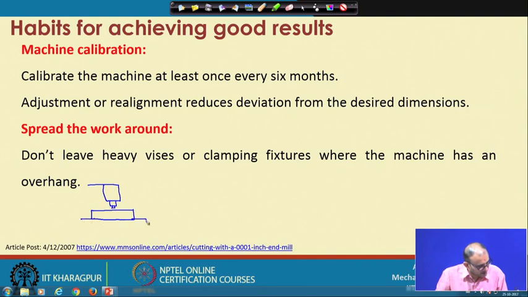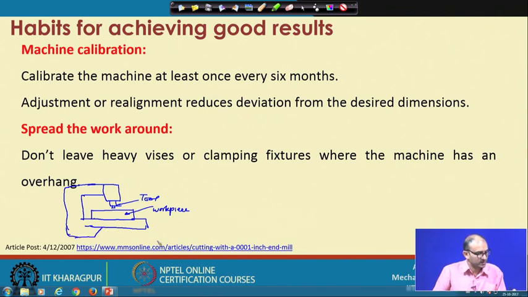Consider this is the table, this is the workpiece, this is the tool, something like that. Now, consider this is called the overhang part. If everything is completely covered, then it is not a problem most of the time, because you are getting some support from the bottom side. But if this is the structure, then this part is called overhang.